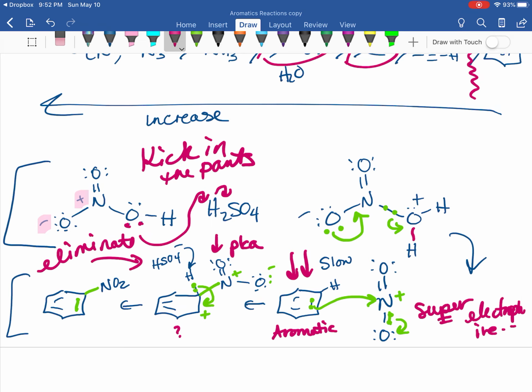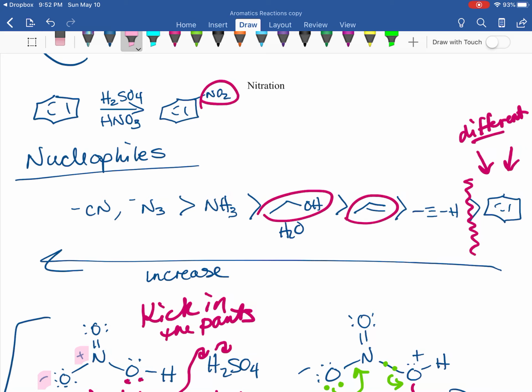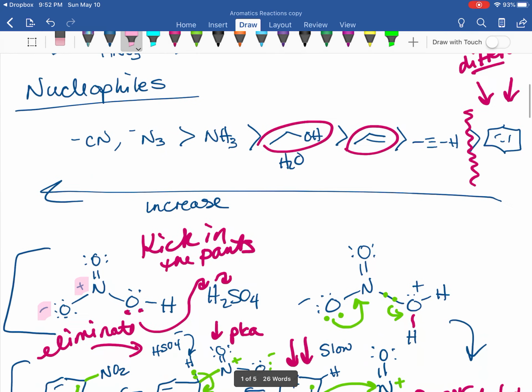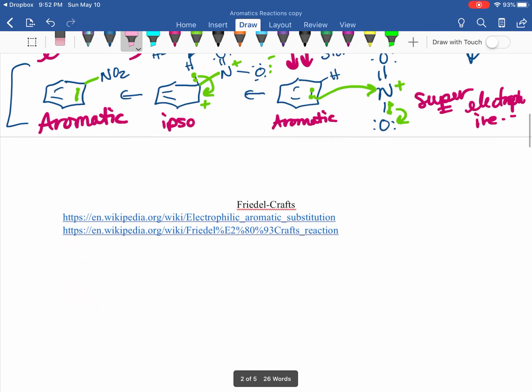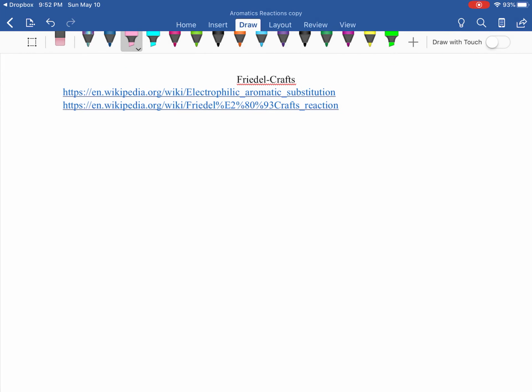And you're always going to eliminate that same hydrogen, because you have to restore being aromatic. And that hydrogen is your ipso hydrogen. Isn't that just fun to say? It is ipso because it's on the same carbon that you're substituting. So they're all going to follow this process. This is just our first and one of our oldest reactions, and this is our nitration.